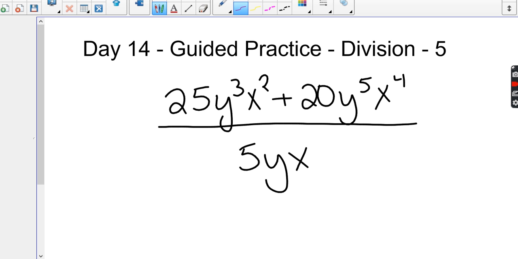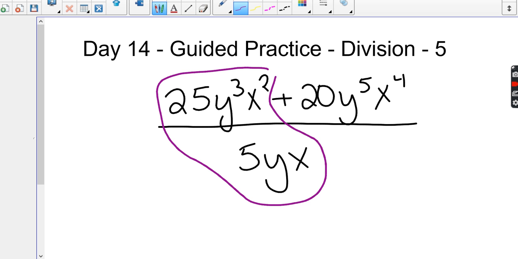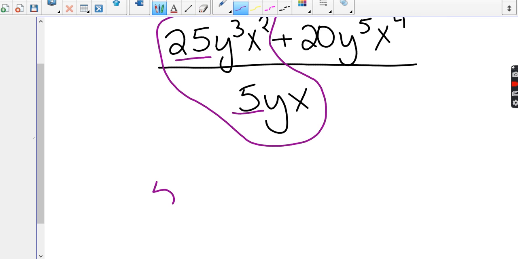Okay, I will start by dividing the first part. So 25y to the third power x squared divided by 5yx. And I'll break it up further. First, I'm going to look at the numbers. 25 divided by 5 is 5. Next, I'll look at the y terms. y to the third power divided by y. Well, I know that one y is going to cancel out.